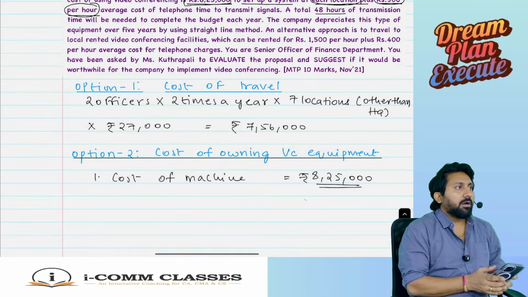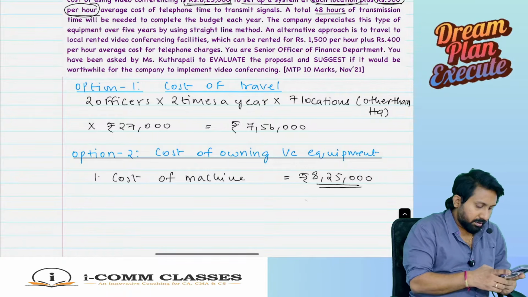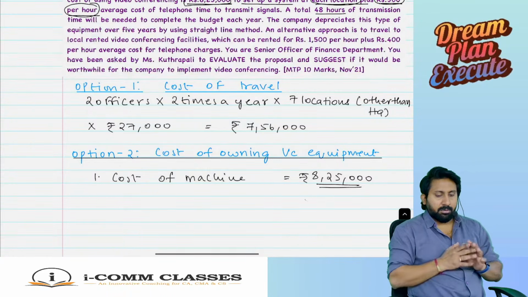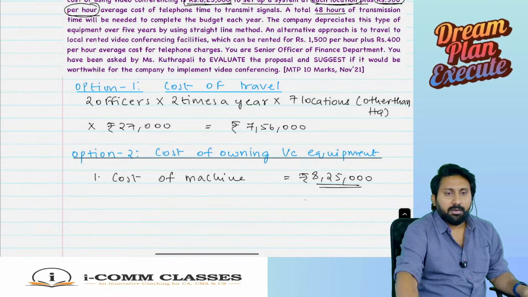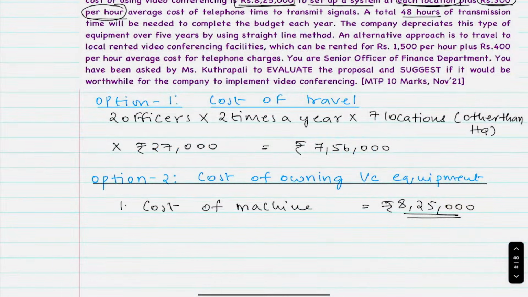Cost of machine of rupees 8,25,000 is a capital expenditure which gives depreciation as a cost.